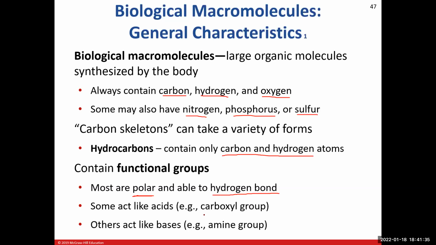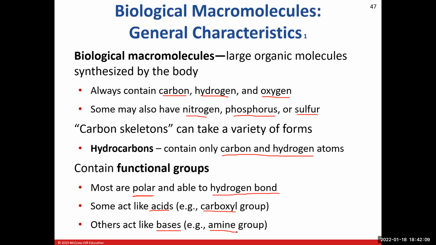Some of these functional groups can act like acids. Some of these other functional groups can act like bases. I'm not expecting you to be able to identify what these groups are when you're looking at a structural formula or a molecular formula, but you should know that a carboxyl group, if you see it on a molecule, will act like an acid, whereas an amine group, and I'll show you some of these, will act like a base.